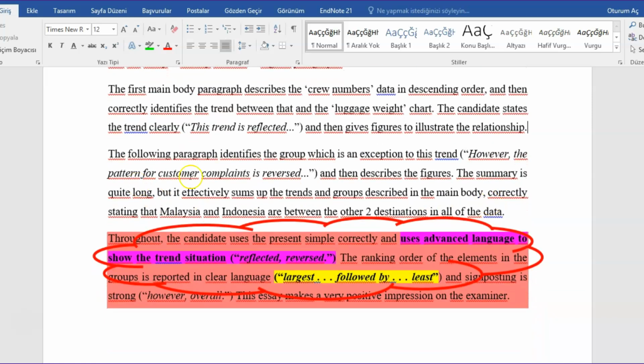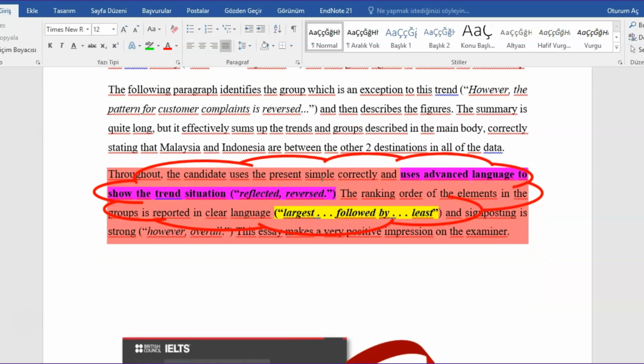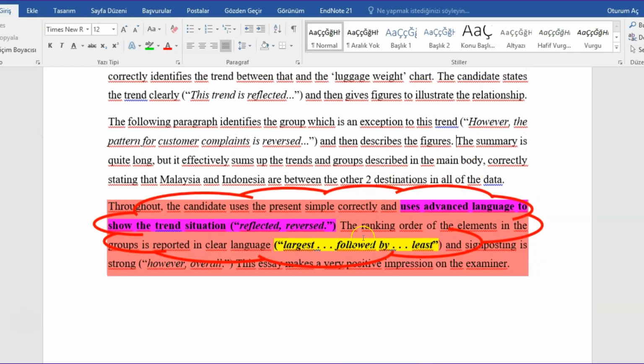For the second main paragraph, the opposite trend is reflected here. Pay attention to the use of adverbs. It is important. The summary is quite important and logical, and pay attention to this.